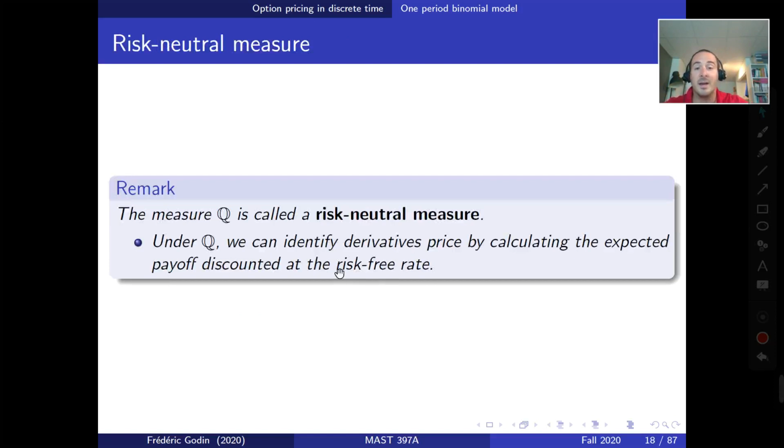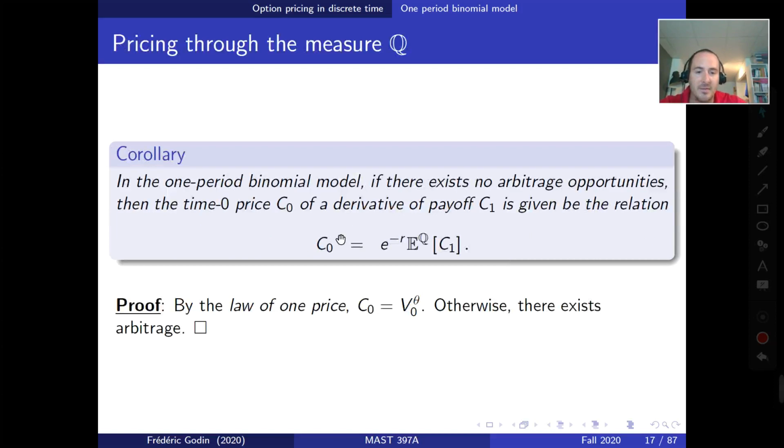Okay, so sorry. Here, the fictitious measure, I called it a risk neutral measure. Okay, and why do we call it risk neutral measure? It's because this measure allows us to obtain the price of derivatives simply by taking the expectation of its payoff and discounting at the risk-free rate.